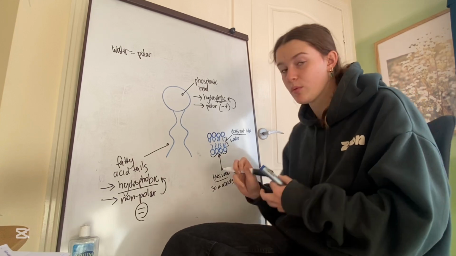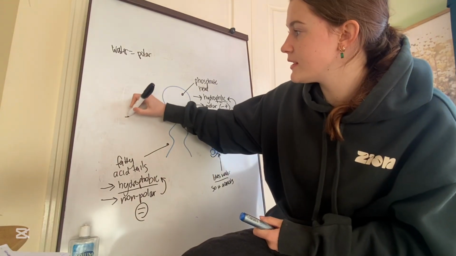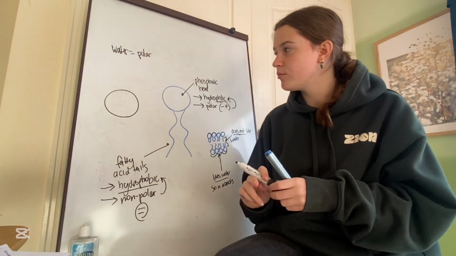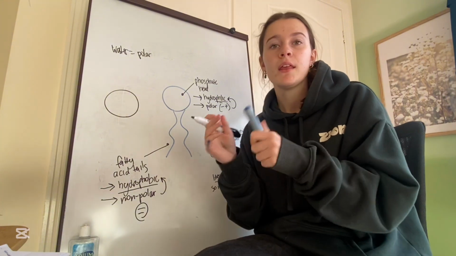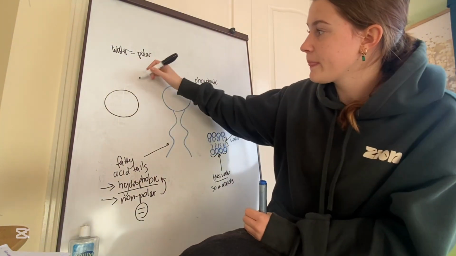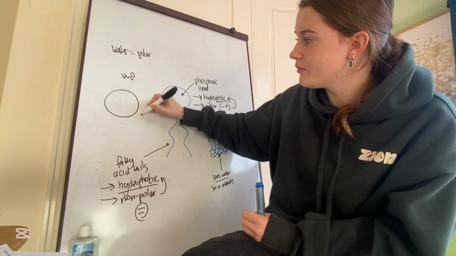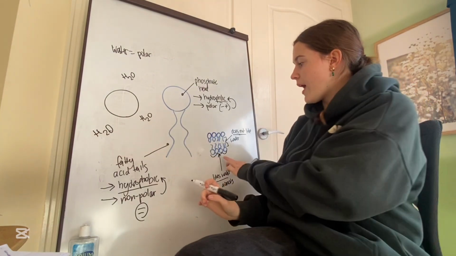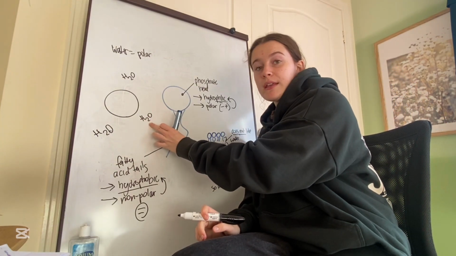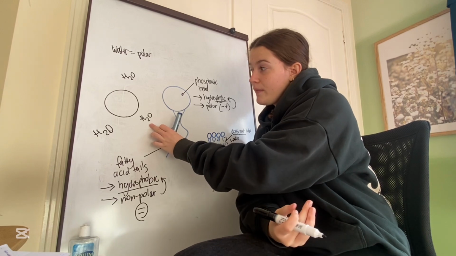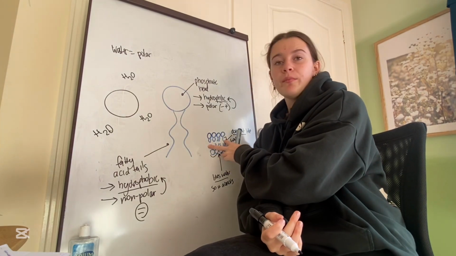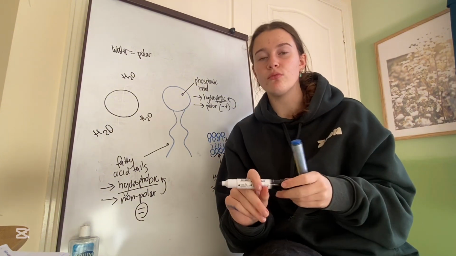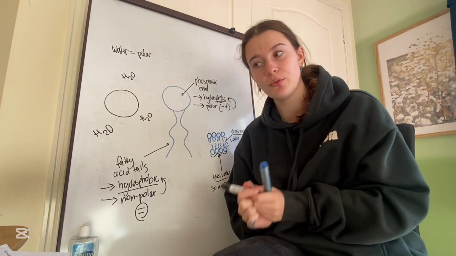This works out really well for the cell because basically if this is a cell, oh, that's a really good circle. That's also a good circle. Loki good at drawing circles. Anyways, if this is a cell, it means that if all of this is water, lots of water around here, the outside will attract the water because the cell needs water. However, the inside of the cell will only let water in if it needs it, which keeps the cell regulated, and this is really, really important.